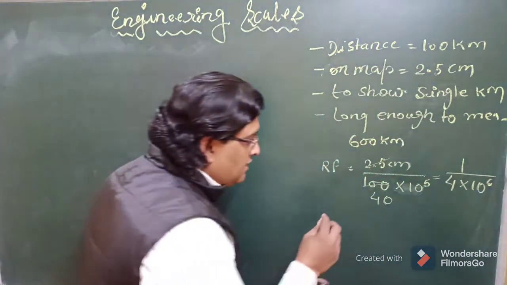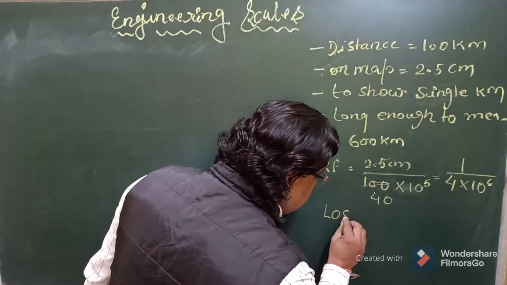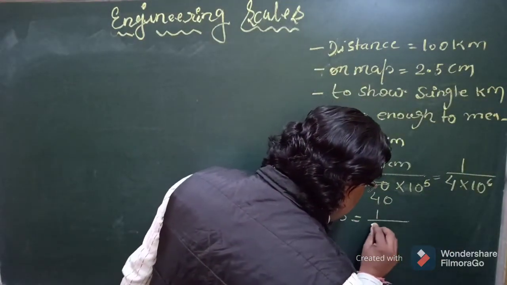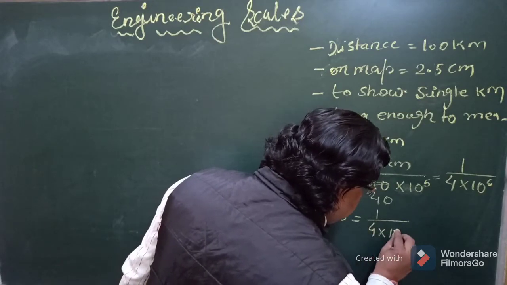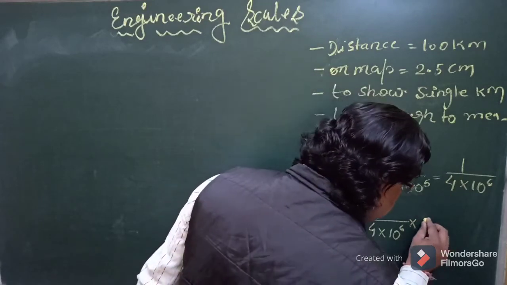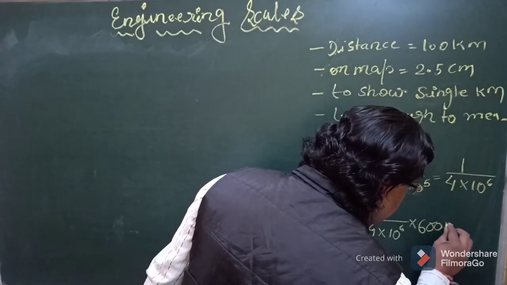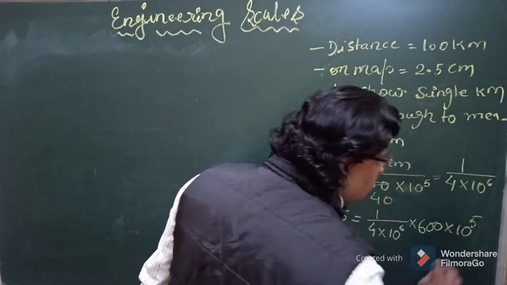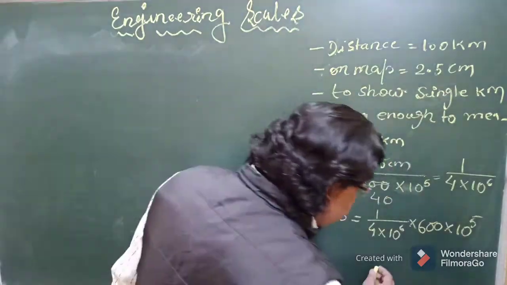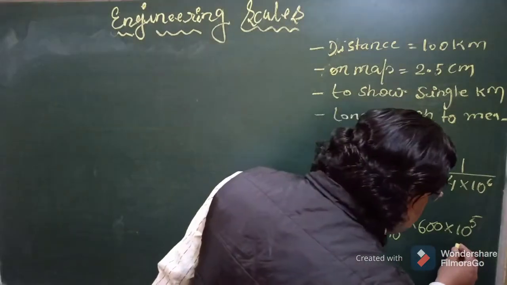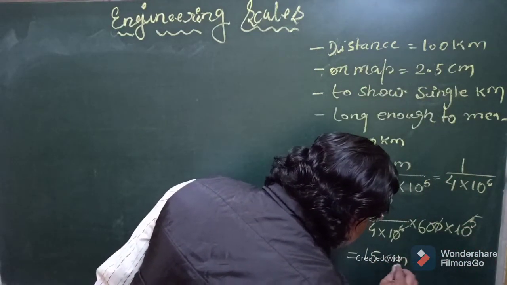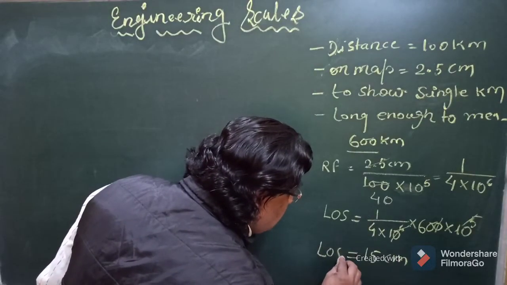So what will be the length of scale? LOS will be 1 by 4 into 10 to the power 6 multiplied by 600, that is the maximum distance to be measured, and it is again multiplied by 10 to the power 5 to convert this kilometer into centimeter. In this manner, it comes out to be 15 centimeter as the length of scale.